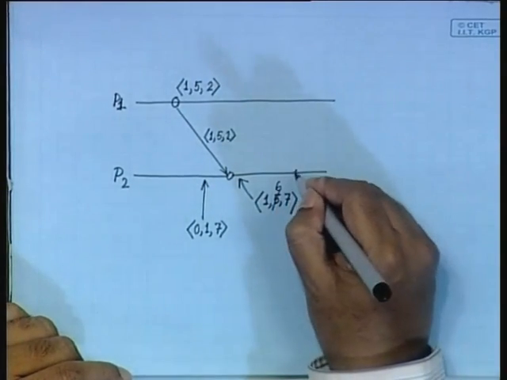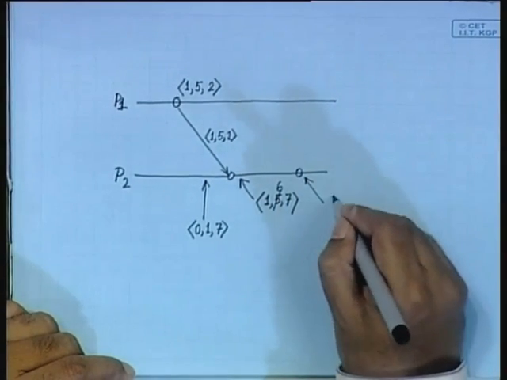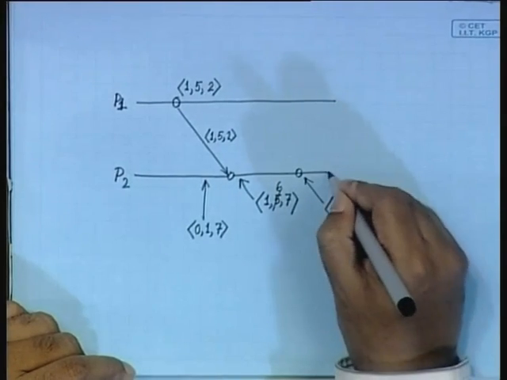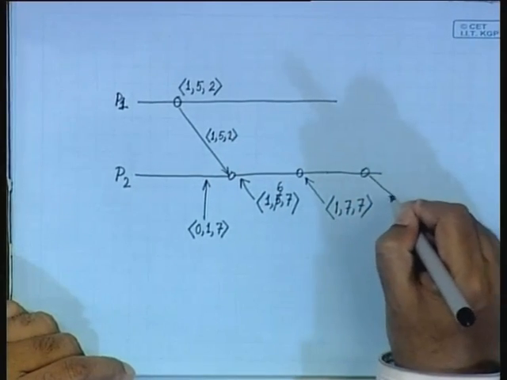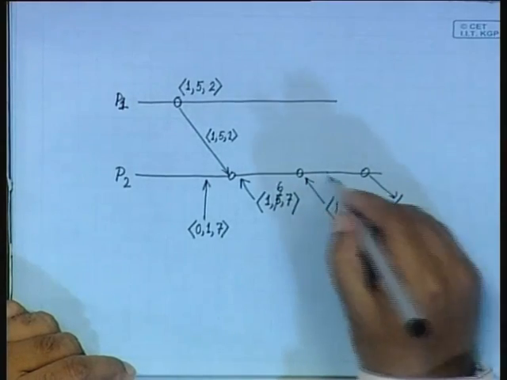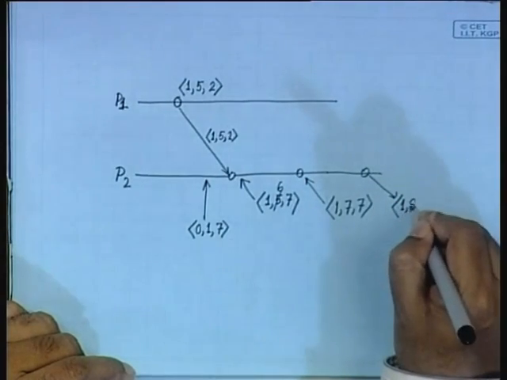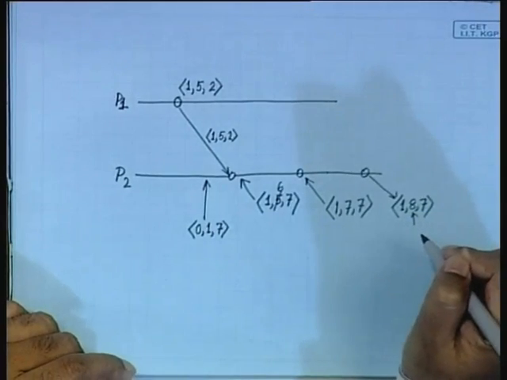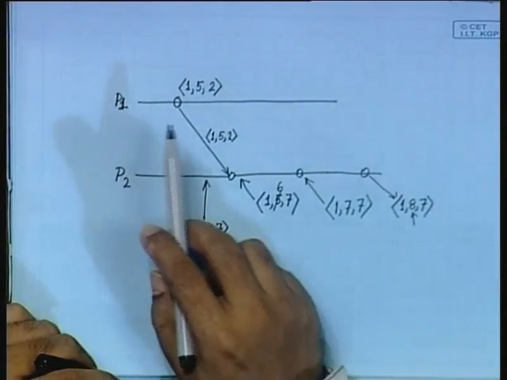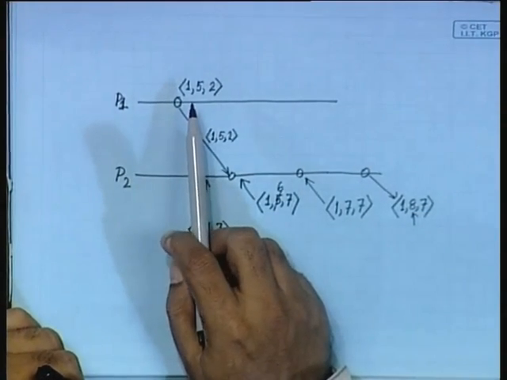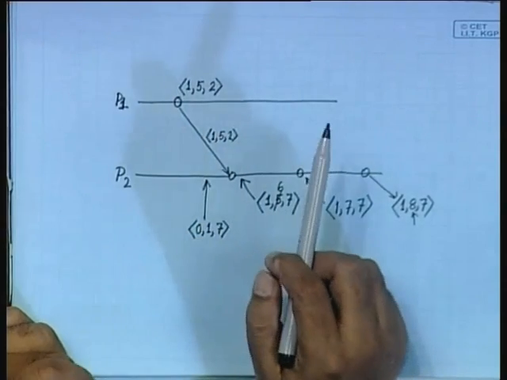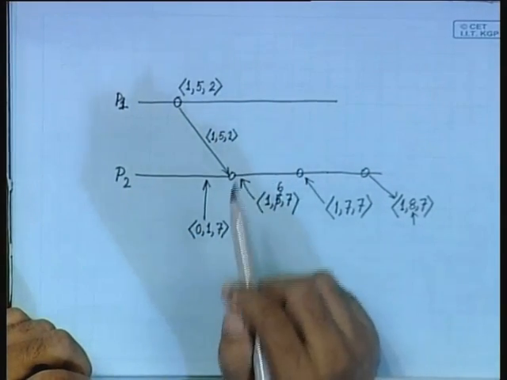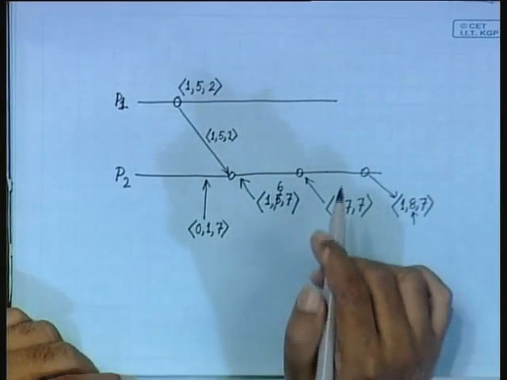In the next event here, if these are internal events, this will become 187. So, only this dimension will change. So, Pi only changes the ith dimension of its own vector clock, and when it receives messages, it updates all the dimensions.